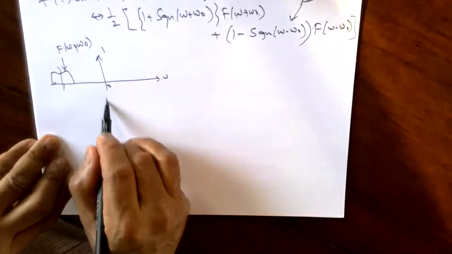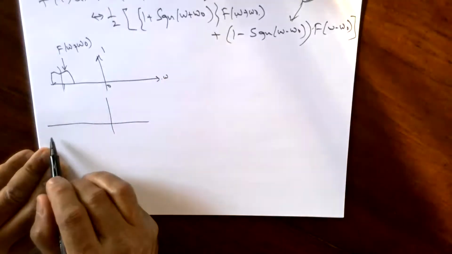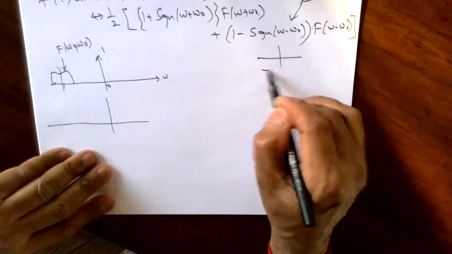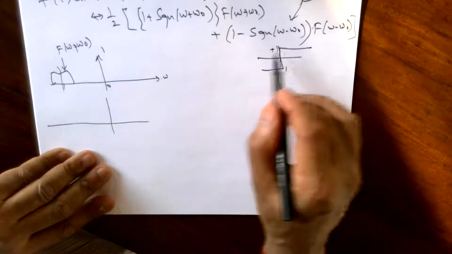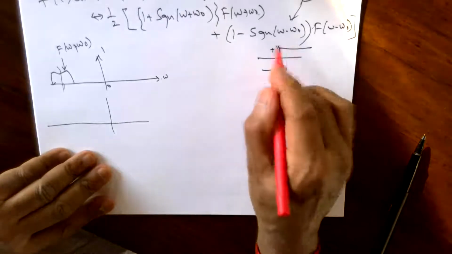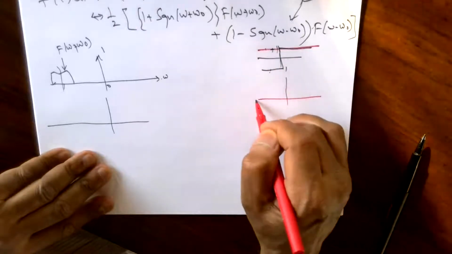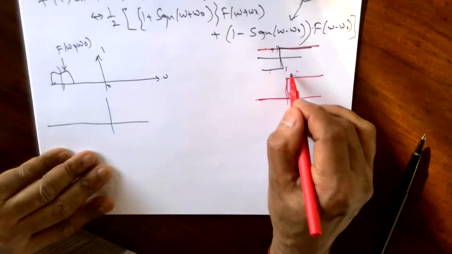And so the sign function at ω flips the sign here. But then when you add 1, remember the sign function is like this, plus 1, minus 1. If you add 1 to it like this, notice that this will cancel, and you will get just 2 times the unit step function.